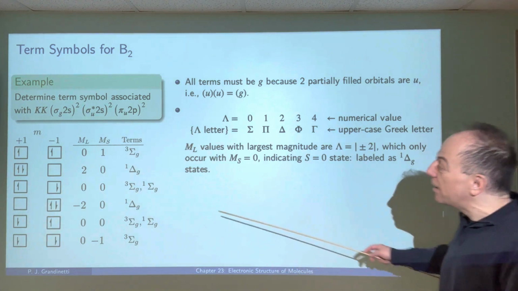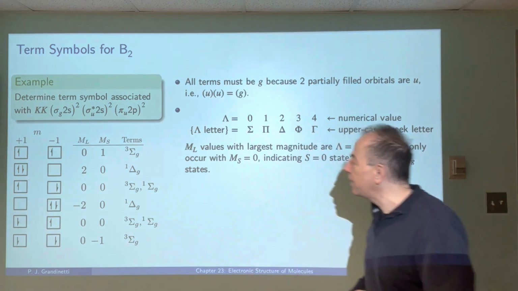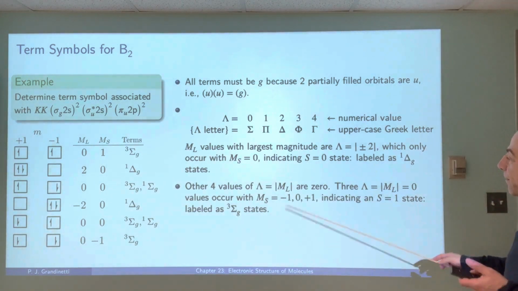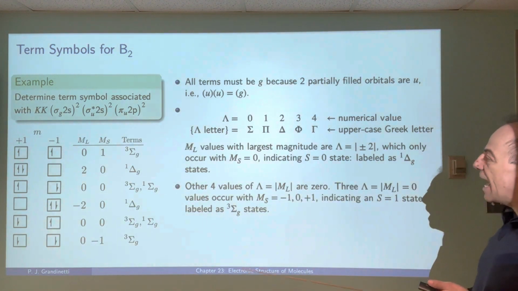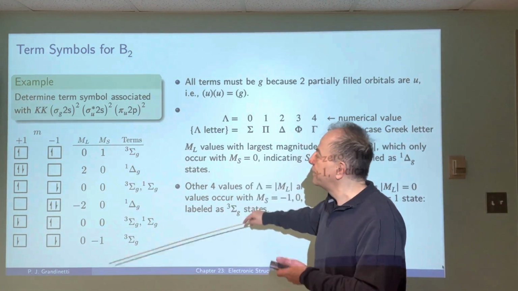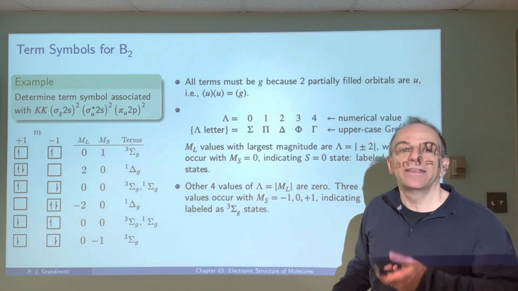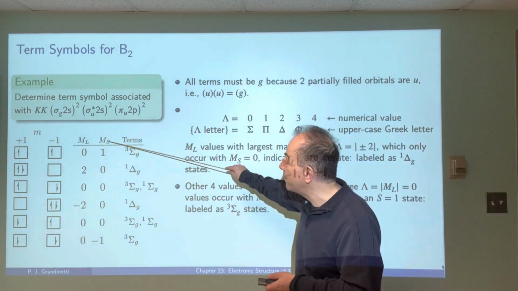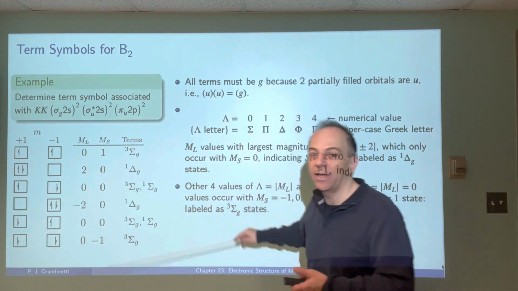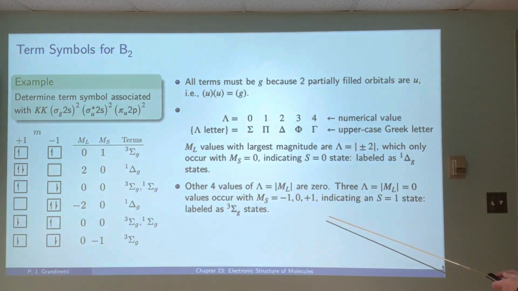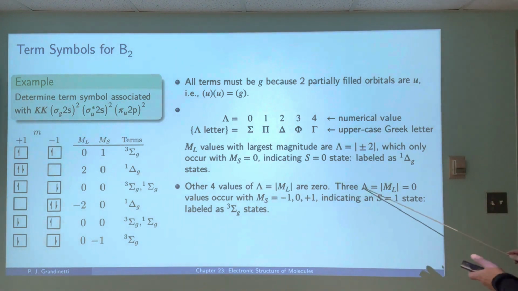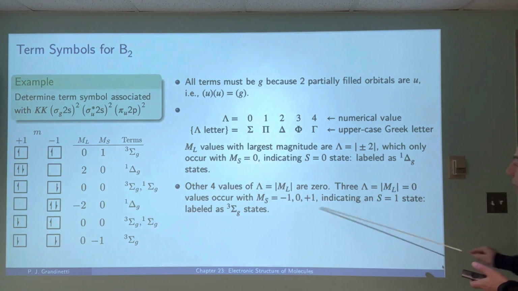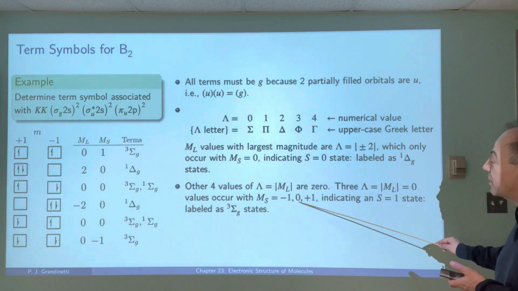So that is going to be associated with these 2 states. Okay, let's move on. We've assigned 2 of them. We have 4 left. Of the 4, they all have 0 for M sub L, but we see that 3 of them have states that could be associated with S equals 1. If we have M sub S of 1, 0, and minus 1, that would correspond to an S of 1. So we have 3 of these configurations with lambda equal to 0 associated with M sub S of minus 1, 0, and plus 1.